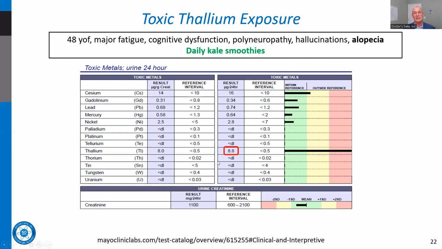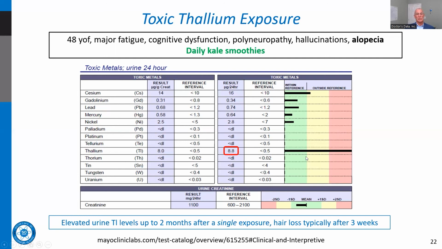So here we have a level of urine thallium. The 24-hour value was 8.8, should be less than 0.5. And since the 24-hour collection was reported accurately, both the 24-hour and the microgram per gram creatinine were very, very similar. So beware of thallium.